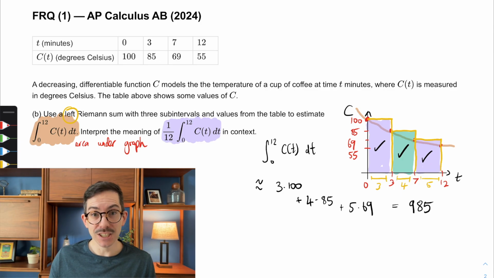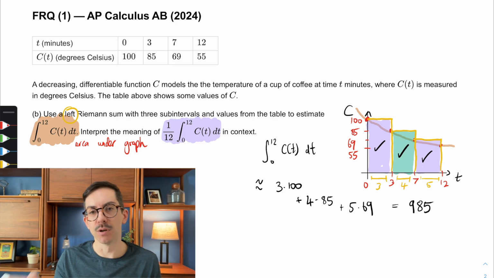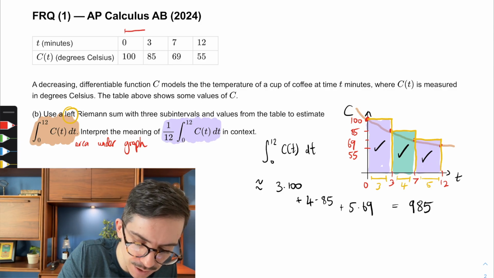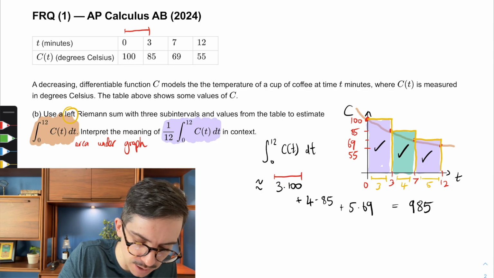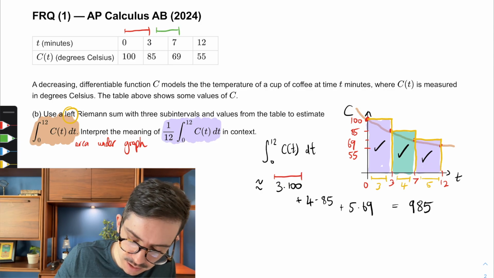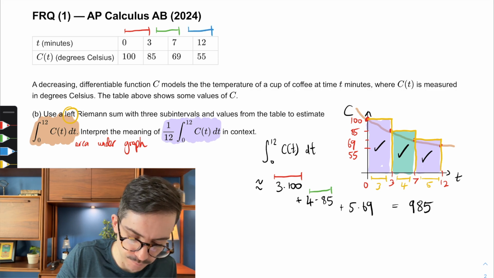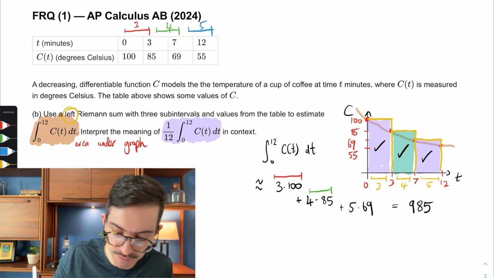So I said you didn't need to draw the graph, and indeed you don't, because if we see how these numbers compare with our table, I have these 3 intervals given to me by the adjacent entries in the table. So I have my difference of 3, my difference of 4, and my difference of 5.